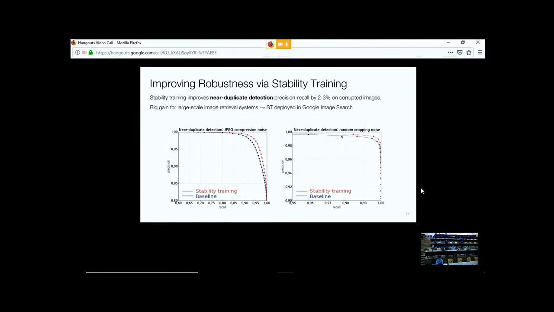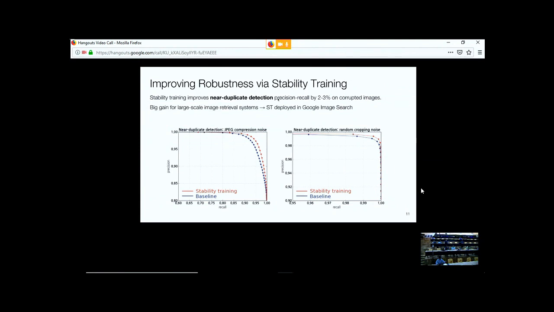Something similar happens if we look at images and random crops that we take out of that image. The random cropping also causes some very slight perturbations in the input to the neural network. And we see that similarly, if you use stability training, the neural network improves its similarity detection by 2 to 3% on these types of data.